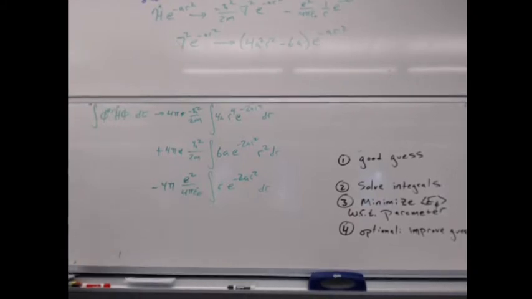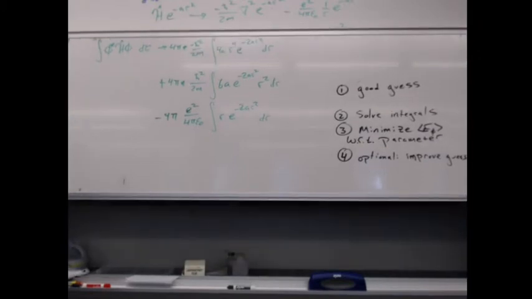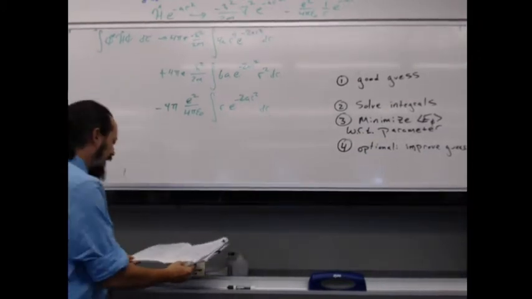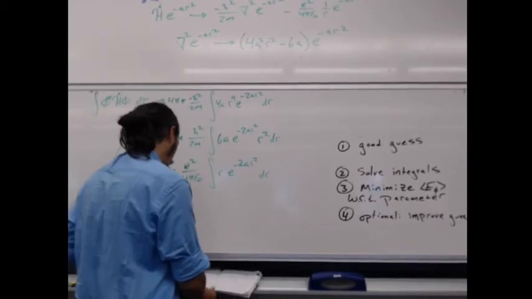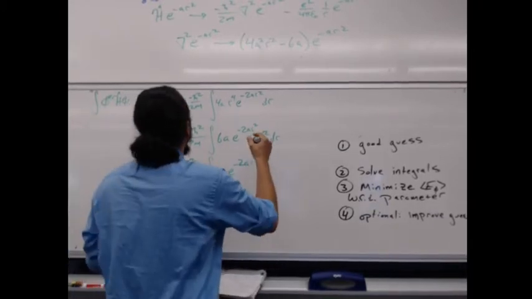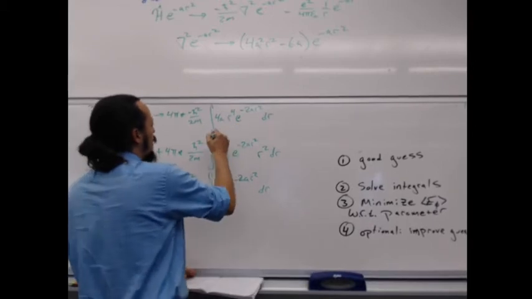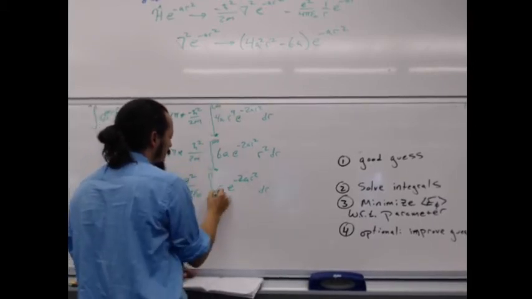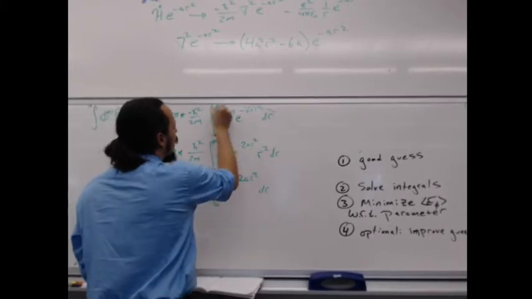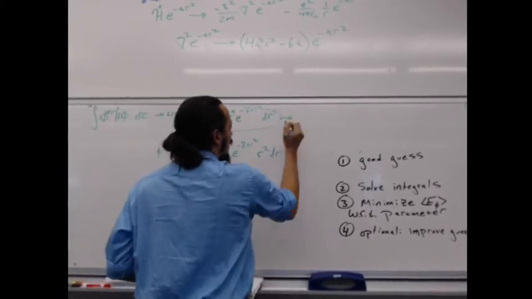So at this point, we are just using the definitions. I'm going to circle the part we're going to use the definition for. These are all 0 to infinity, so we can use our Gaussian function definitions.